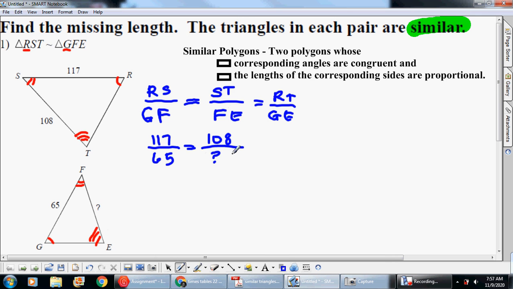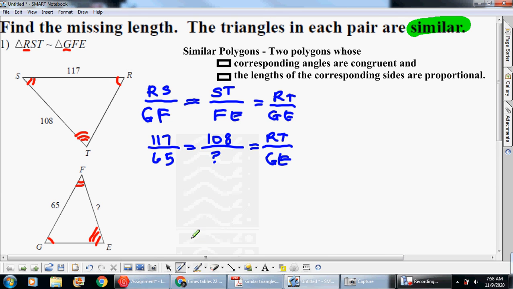FE is question mark. Now what is the length of RT? We don't know it and there's no question mark, so we leave that as RT. Now GE means what is the length of GE? GE, we don't know it either.